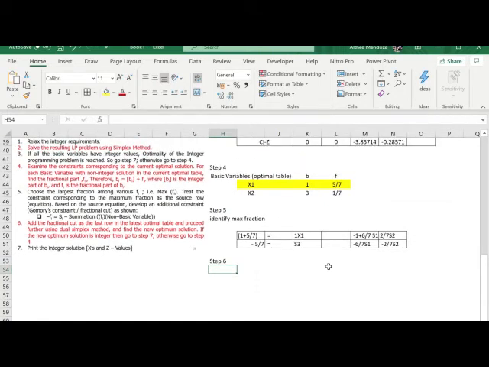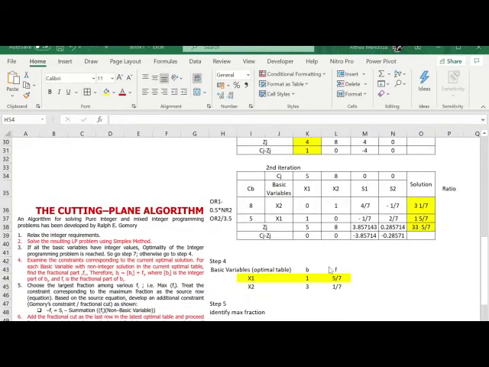So, kunin natin yung latest optimal table. This is the latest optimal table.